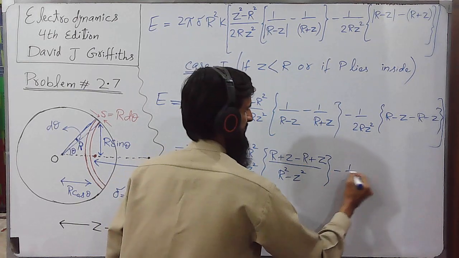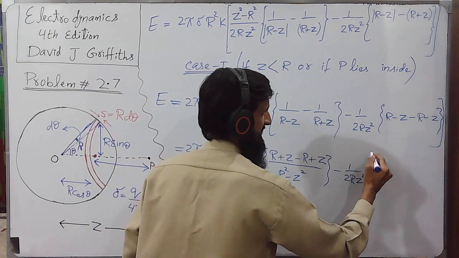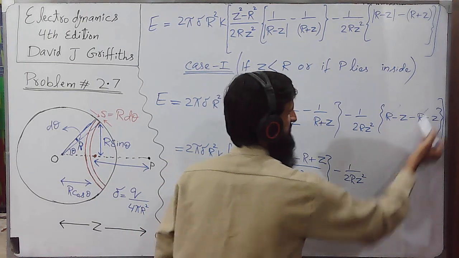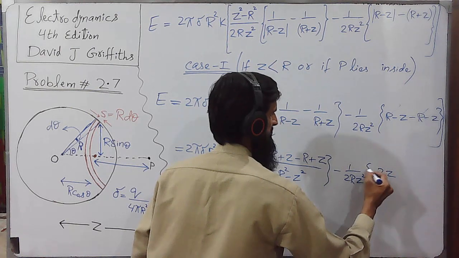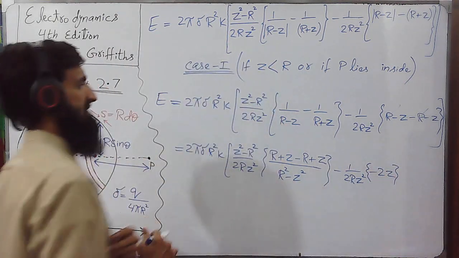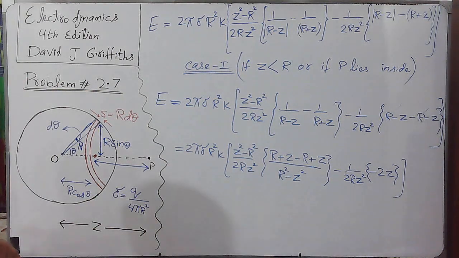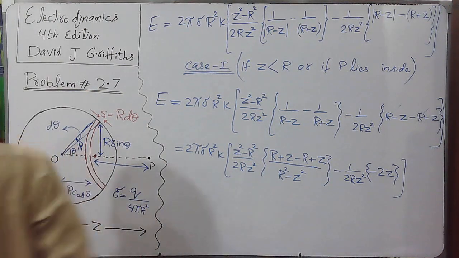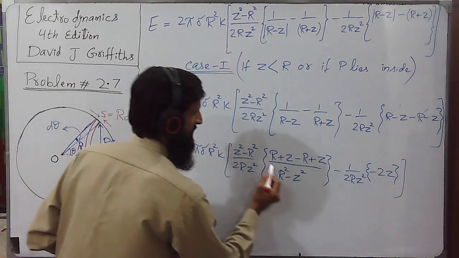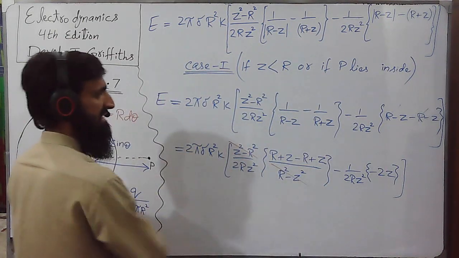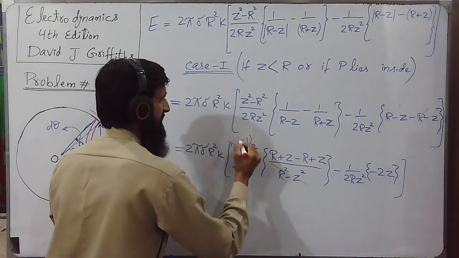And after the negative sign, 1 by 2 r z square, again it gives the result; these two terms have been cancelled out, and we get here minus 2z, and bracket closed. Once again I can cancel out these two terms, but if I cancel these two terms, I will get here a negative 1.